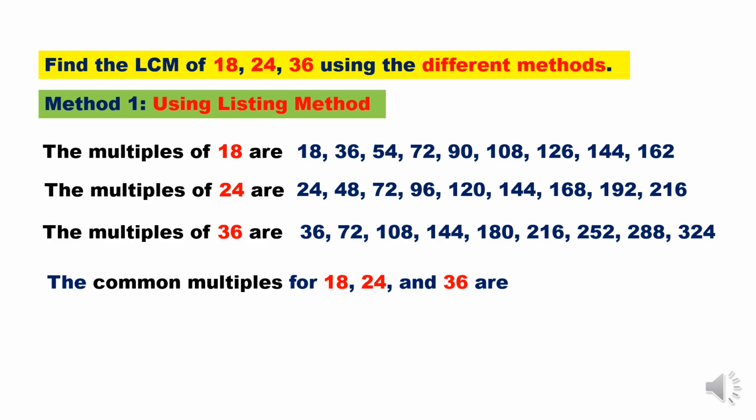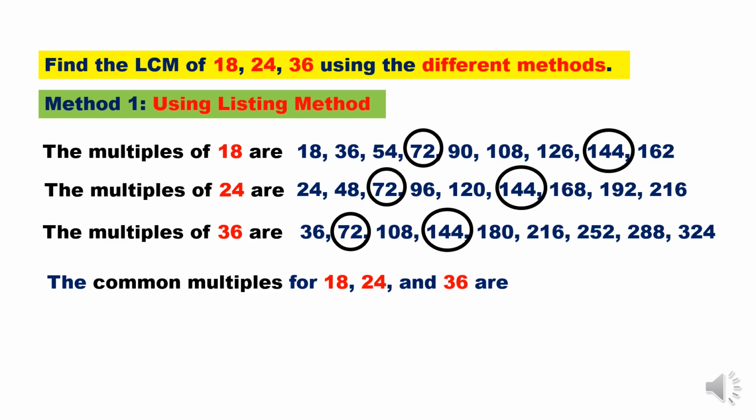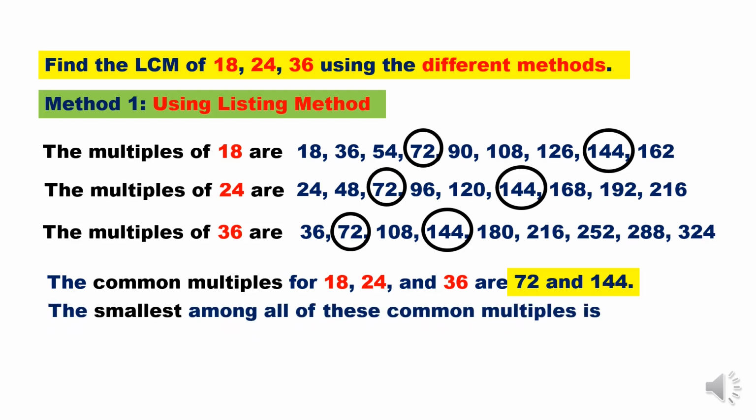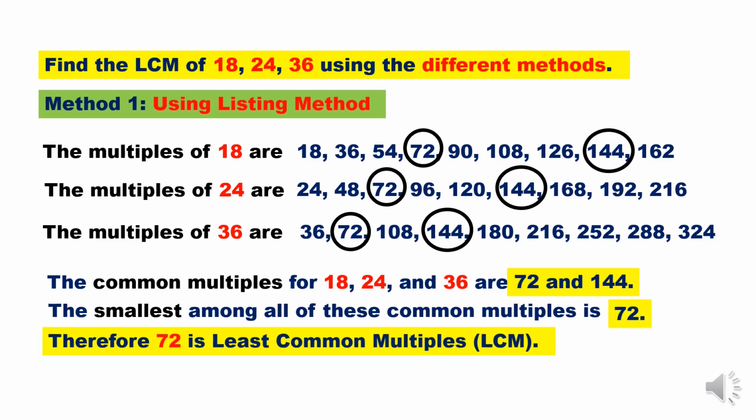The common multiples for 18, 24, and 36 are 72 and 144. The smallest among all of these common multiples is 72. Therefore, 72 is the least common multiple of 18, 24, and 36.